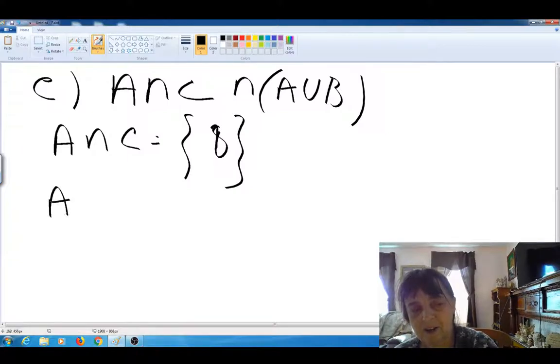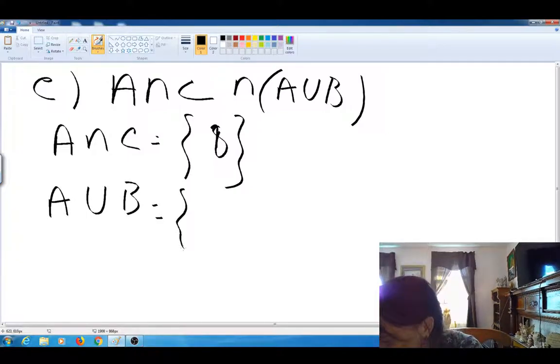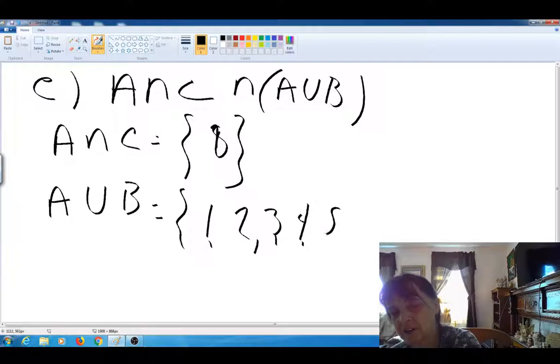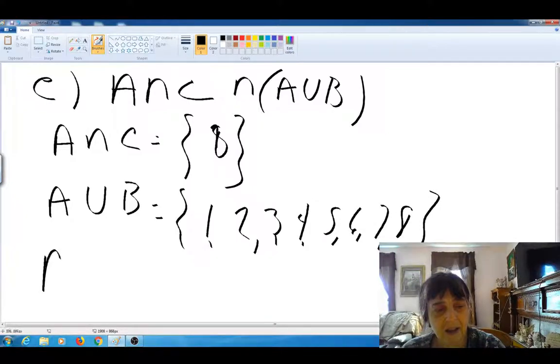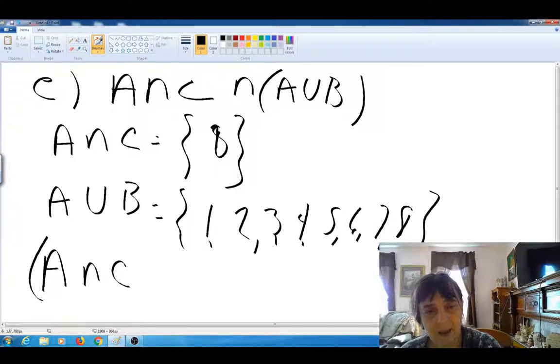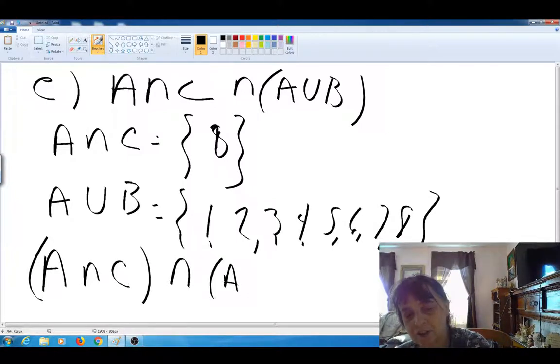And A union B, okay, 1, 2, 3, 4, 5, 6, 7, 8. Now A intersect C, intersect A union B is 8.